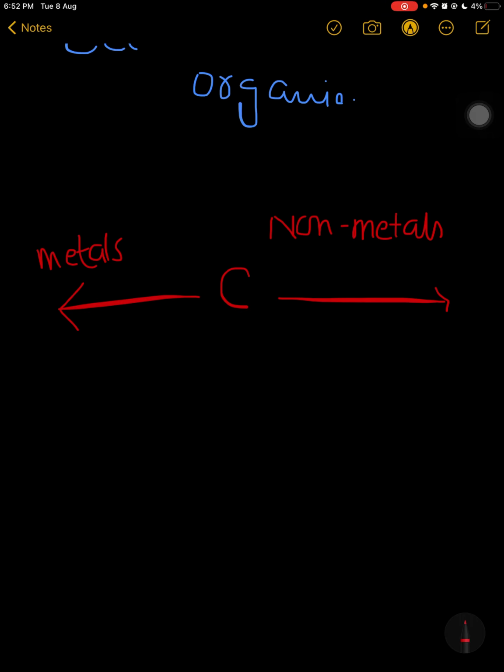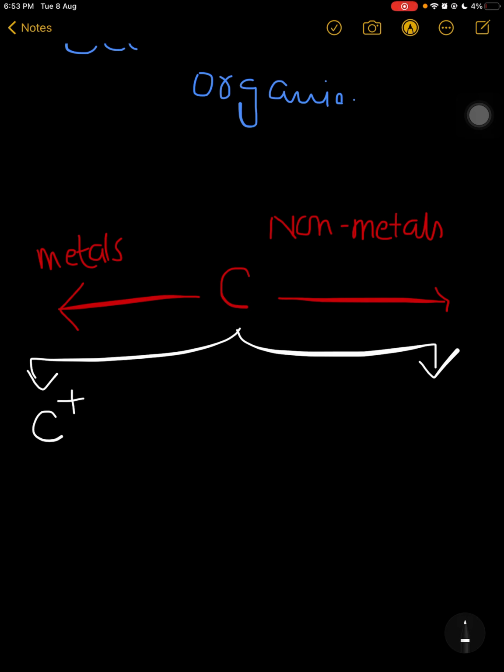It shows somehow the properties of both metal and non-metal, but still it is not amphoteric, okay? Don't consider it a metalloid or something else. So when I say it is in the middle, it means it can exist in two states: when it gets oxidized and when it gets reduced.